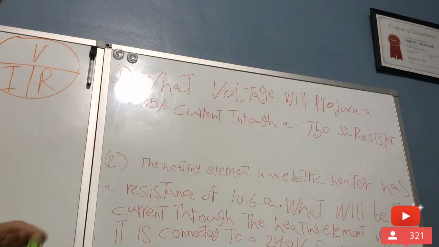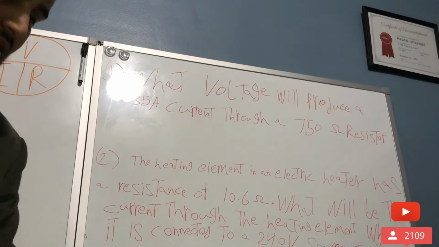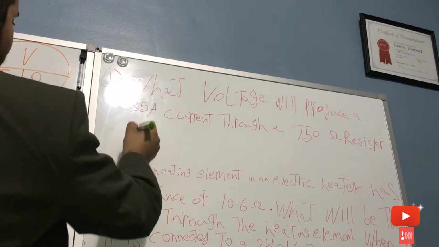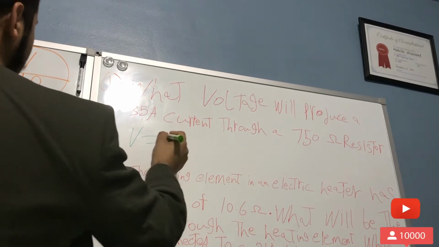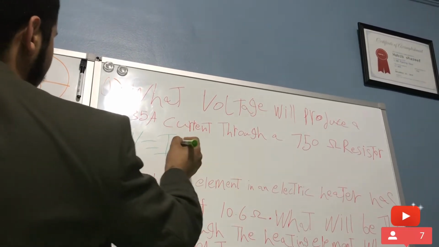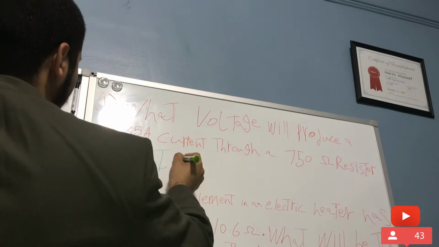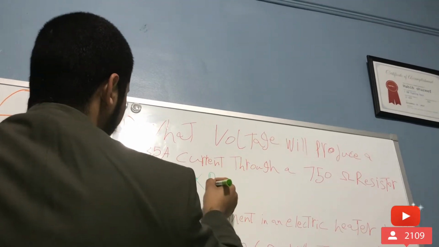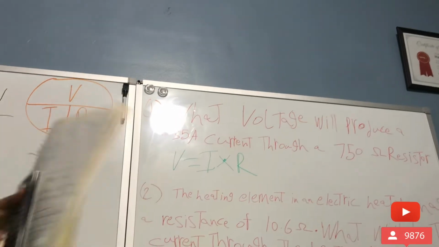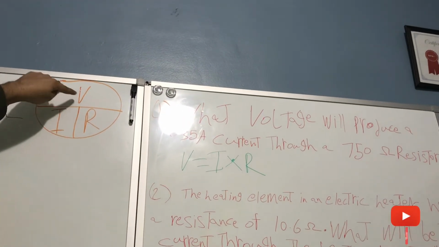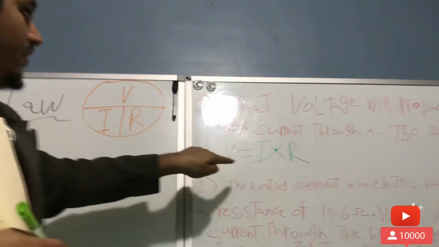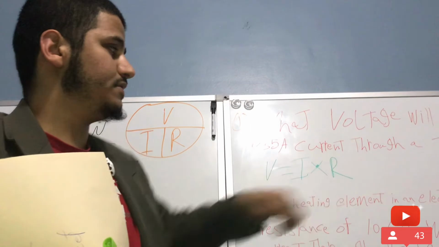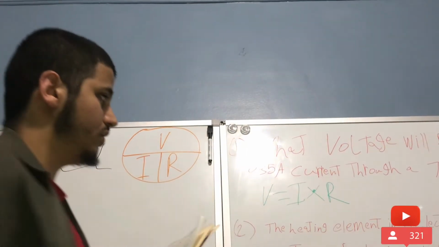As I told you, if you want to find the volts, you do the current times the resistor. The volts equal the current times the resistor. In this case, how do we do it? Like this.